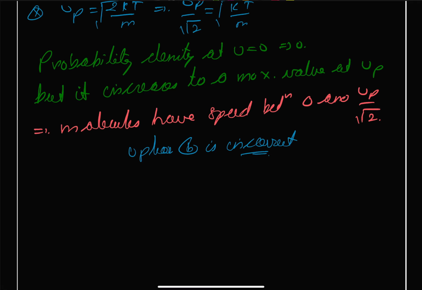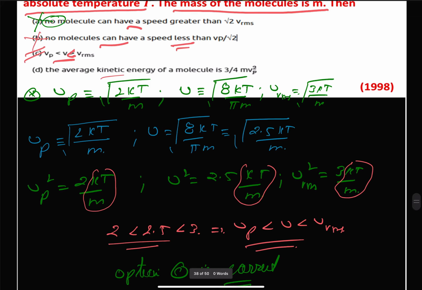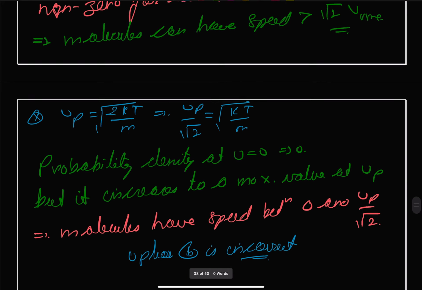And we come to option D, that is the average kinetic energy.